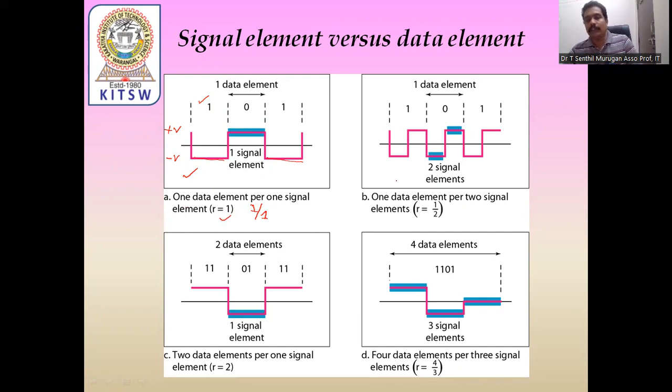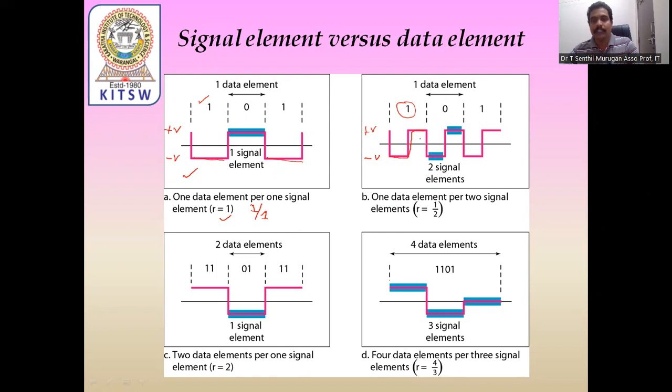In this diagram, you see what will happen. For example, this is minus voltage, this is plus voltage. If 1 is there, what am I going to do? I am using both minus voltage and plus voltage. Whenever I say data 1, it will be shifted from minus voltage to plus voltage. Then if 0 is there, the same thing.